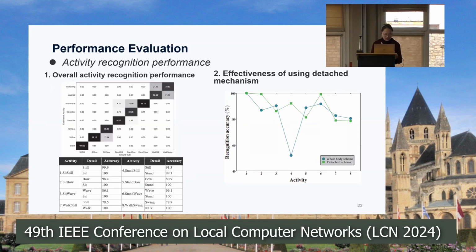To prove that the upper-lower limb separated pattern is better than using whole body data for activity recognition, an additional experiment is conducted using the designed deep network to train and classify 8 whole body activities. The comparison result between the 2 schemas is shown in the right figure, which shows that the detached mode is more stable.